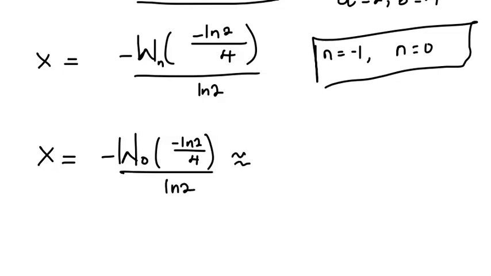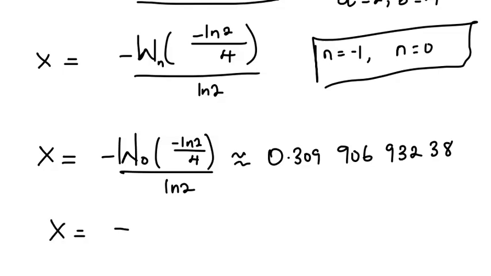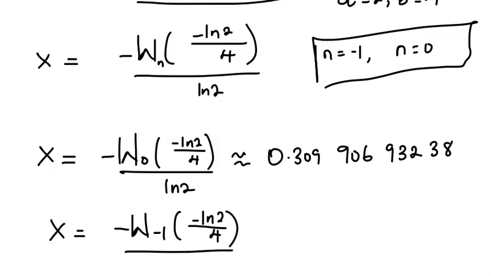This one here is approximately equal to 0.309906932938. Interesting, right? And for the branch cut -1, the negative W with the subscript -1 of the natural log of 2 divided by 4 all over the natural log of 2, this one here is exactly equal to 4. So these are the two real solutions.